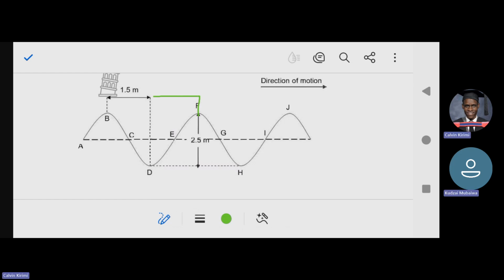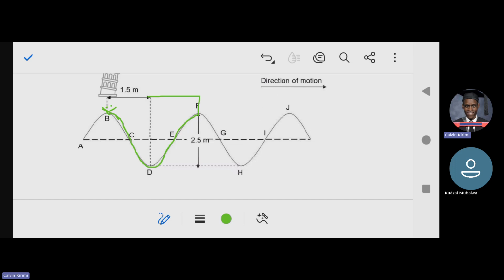There is one complete wave, starting from B, before it repeats itself. So I go down, I go up. Now I'm repeating myself, going down again. So already I've completed a successive wave. We know these points are symmetrical.